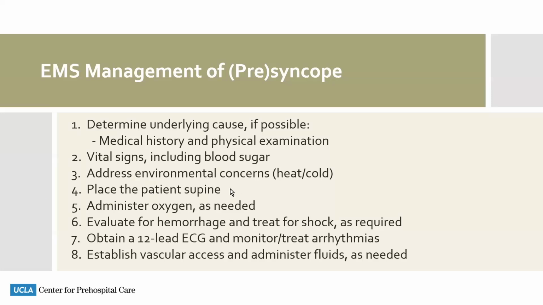So you're going to place the patient lying down, because if you sit them up, it's possible their blood pressure can go down. You're going to give them oxygen. You're going to evaluate for hemorrhage and shock, obviously. Get a 12 lead and treat any dysrhythmias.